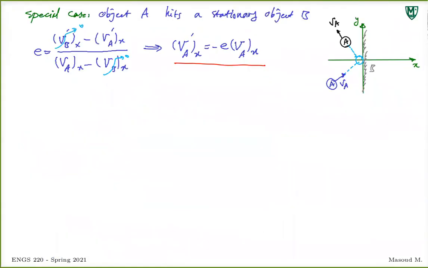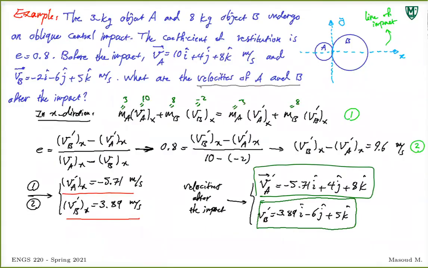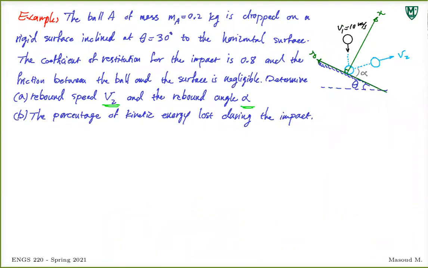All right. And this is a special case. Well, that's the example we're going to go over. So let's go to the example we're talking about. We said there is this ball falling down, right? So perfect vertical motion, 10 meters per second downward. It hits this inclined surface.